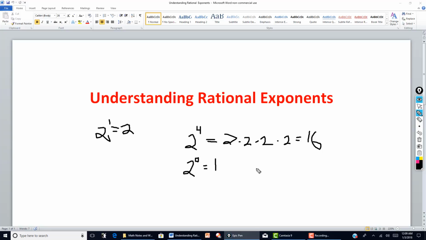And then we extended that to a negative exponent, say 2 to the negative 4. By the definition that we went over, this becomes 1 over 2 to the 4th, or 1 over 16.